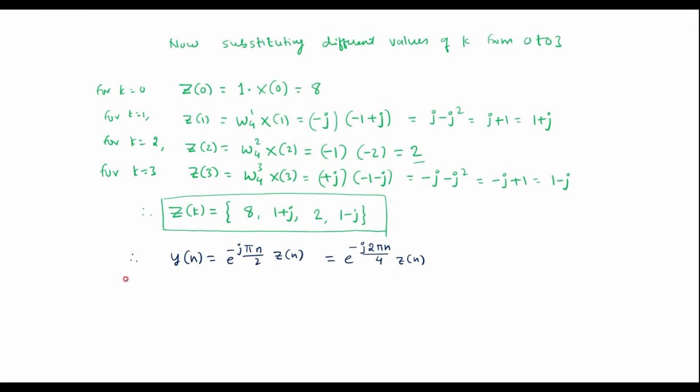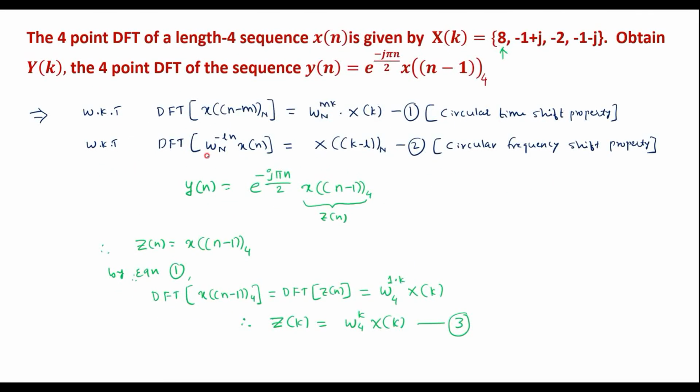Now by using equation 2, we compare this with e power j 2 pi by N into l n x of n.